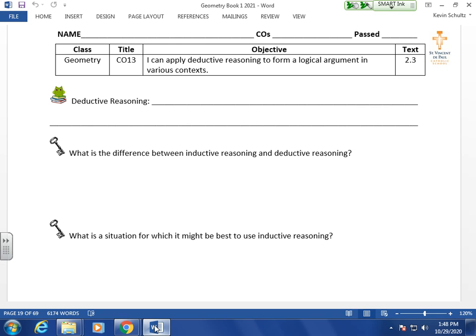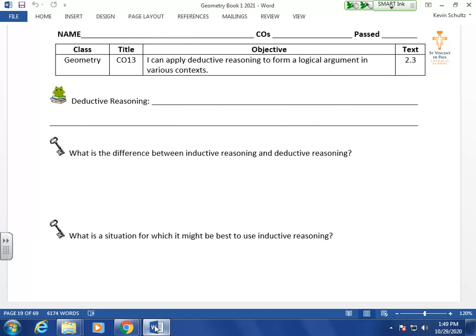But CO13, talking about deductive reasoning, which if you're going to go into an argument with someone, you want to be using deductive reasoning as much as possible as opposed to inductive reasoning. Because whereas inductive reasoning is based on what? What do we say inductive reasoning was based on? Past experiences, observations.